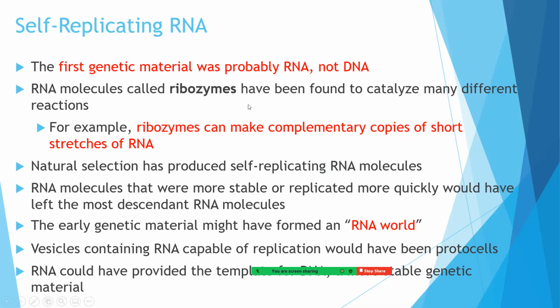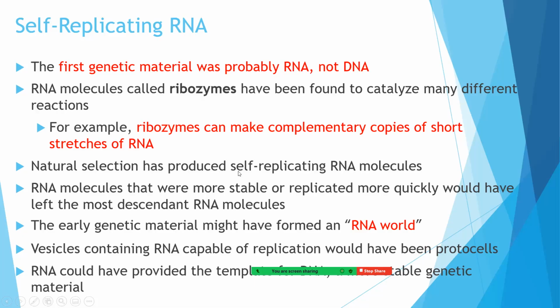So I mentioned this self-replicating nucleic acid likely was RNA and not DNA. The reason for this is that there are other molecules called ribozymes. RNA molecules, specifically called ribozymes, have been found to catalyze many different reactions, and they're able to make complementary copies of short stretches of RNA.